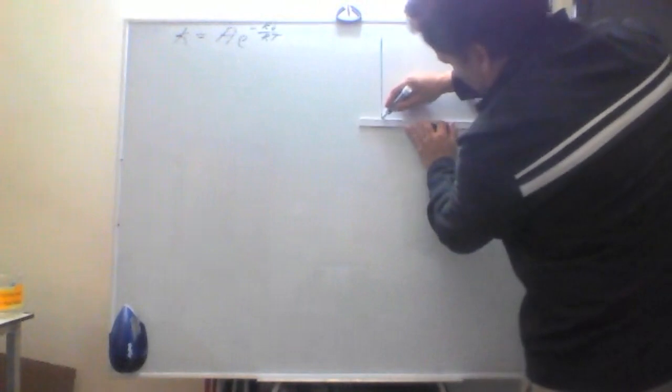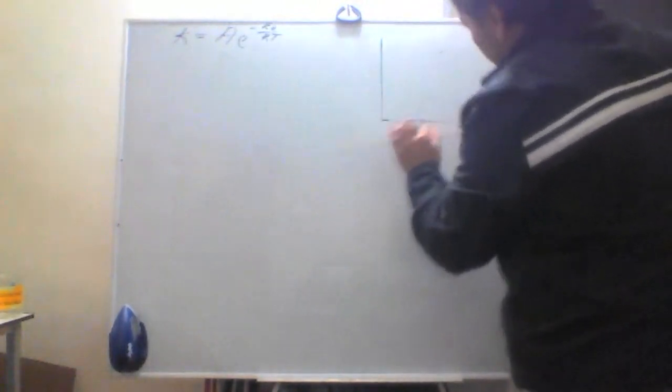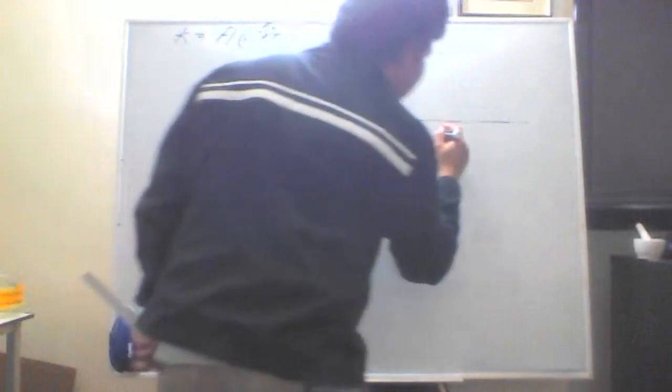In the PowerPoint, we saw a graph. So this was the kind of graph that we saw in the PowerPoint. And then there were some numbers being distributed, and this is the number of particles. And this is their kinetic energy.